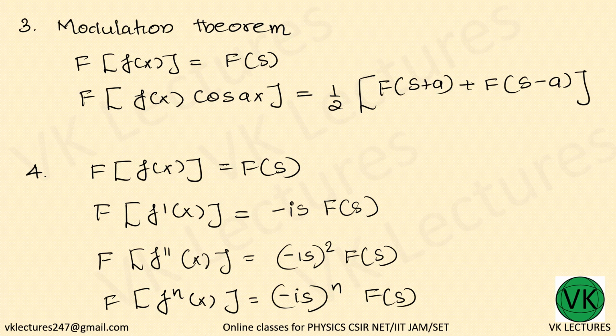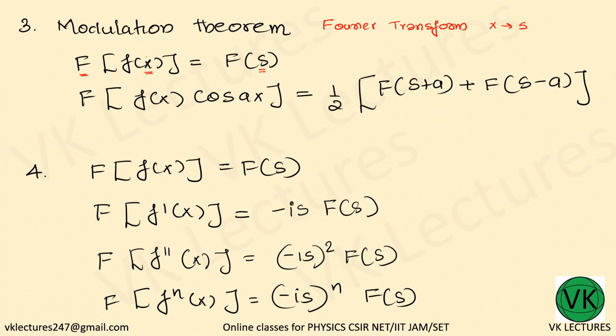The modulation theorem. Now what does the modulation theorem in the Fourier transform say? We have the function f of x, and F of s is the Fourier transform of the function f of x, and we are moving from the x domain to the s domain. So the Fourier transform is from x to s, some random domain.